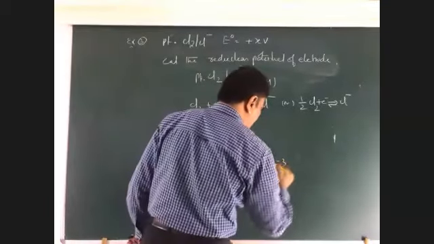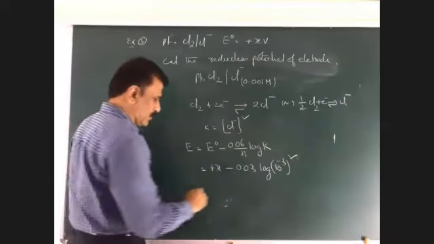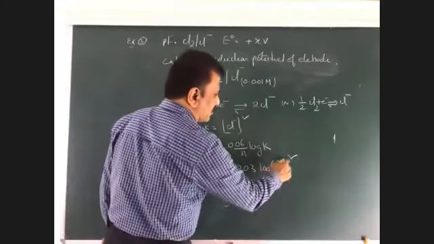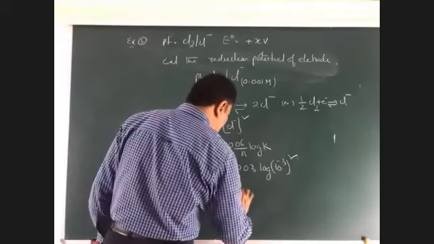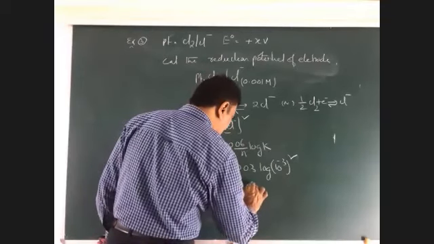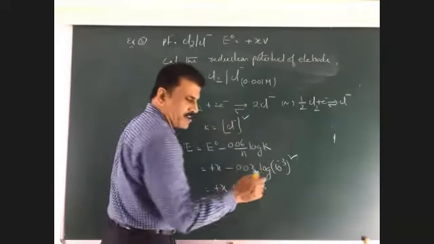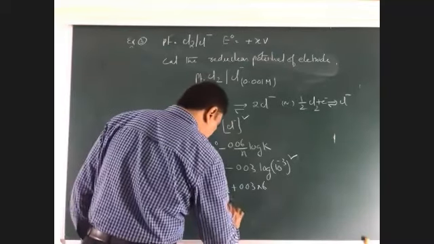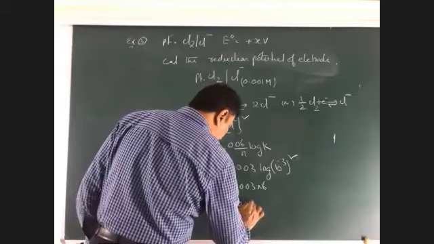Therefore, 10 power minus 3 whole square. So its value is plus X volt. This is 10 power minus 6. Minus of minus plus. So plus 0.03 into 6, 6 log 10. Log 10 becomes 1. Therefore, this value is X plus 0.18 volt.